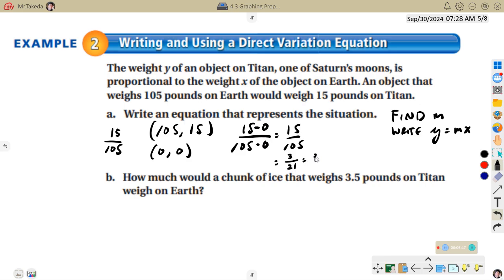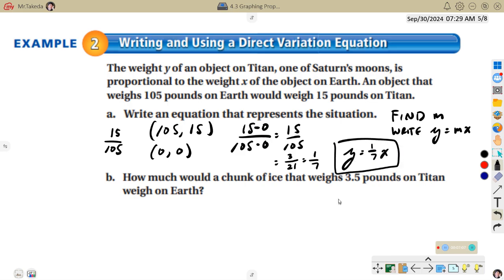So this will be 1 over 7, right? If I reduce this, I get 1 over 7. So there's my M. That is the slope. So the equation would be Y equals 1/7 X.